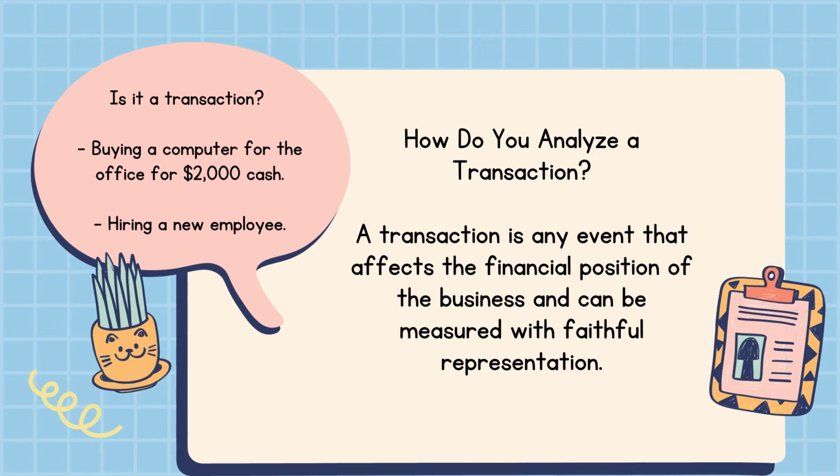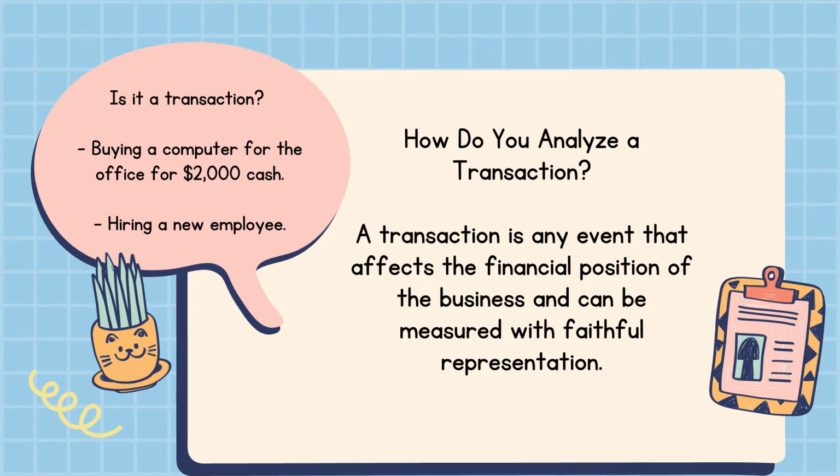And it should be measured with faithful representation, which means it should have dollar amounts that can be measured reliably, such as the purchase of a building, a sale of merchandise, and the payment of rent.